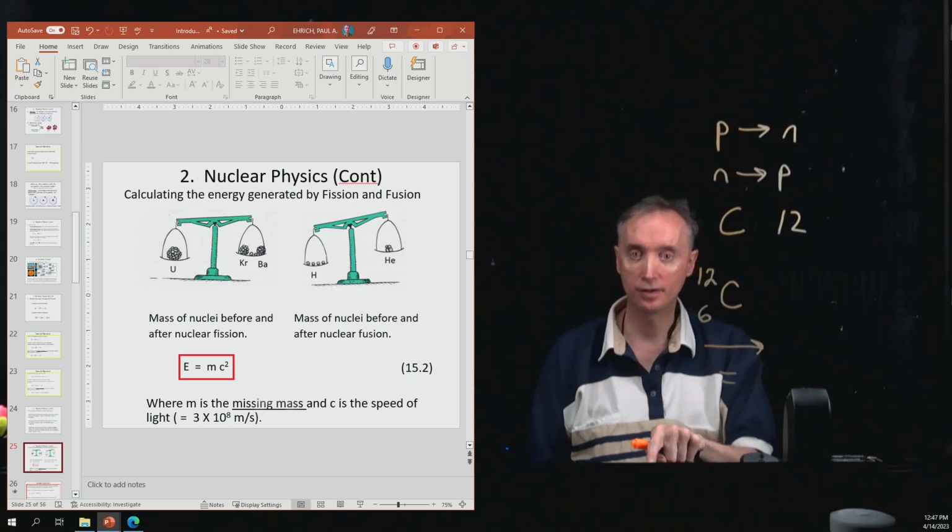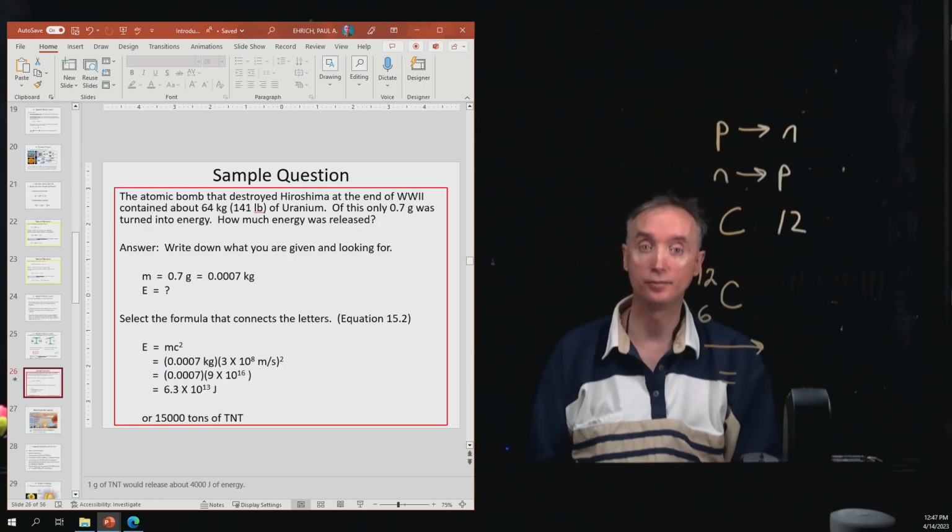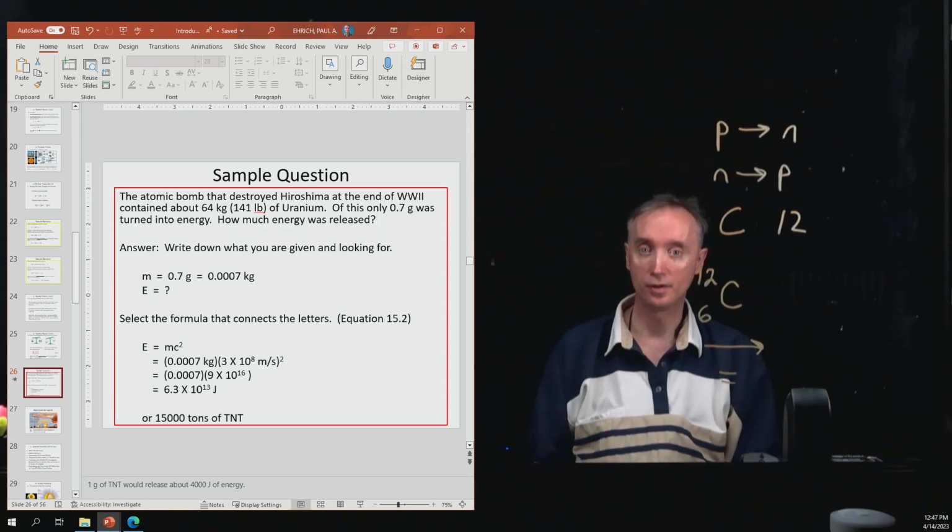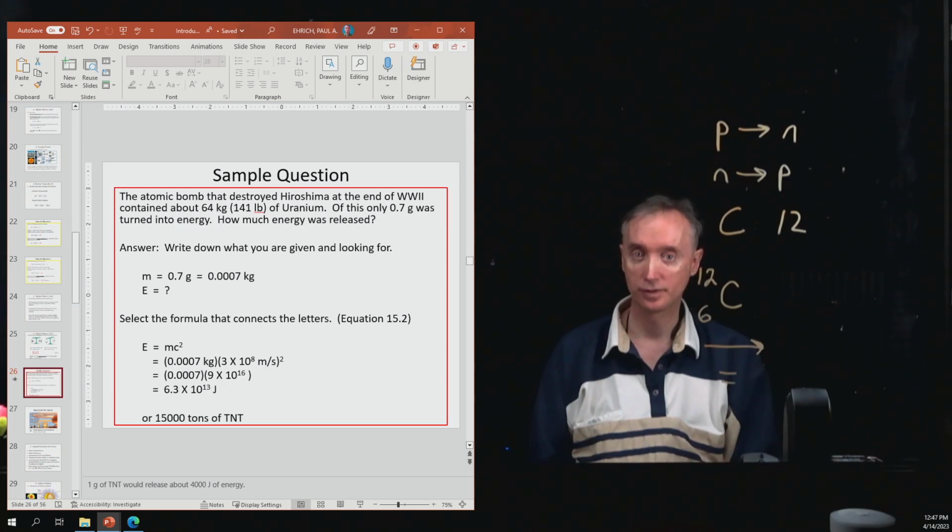So here's the kind of question you should be able to answer. I will give you the missing mass. Now, I might not give it to you in kilograms. You should know how to convert from grams to kilograms, because kilograms is the official metric unit for mass.